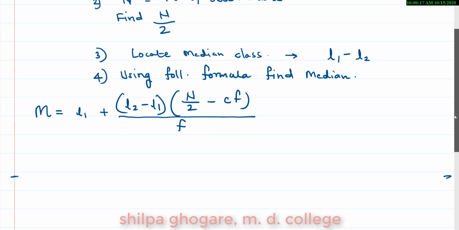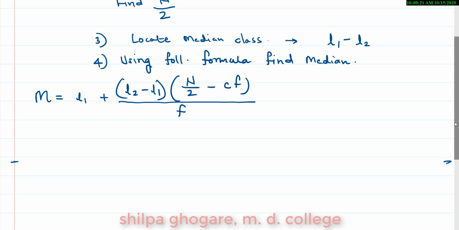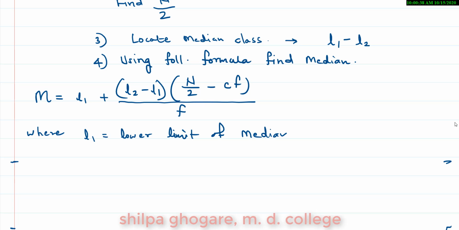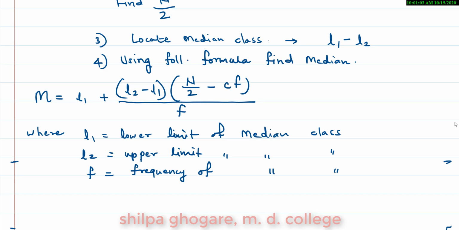Let me elaborate the formula here. Where L1 is the lower limit of the median class, L2 is the upper limit of the median class, f is the frequency of the median class, and Cf is the less than Cf value of the pre-median class.